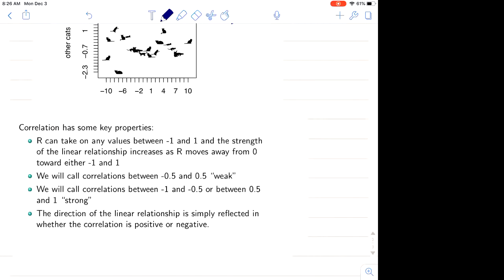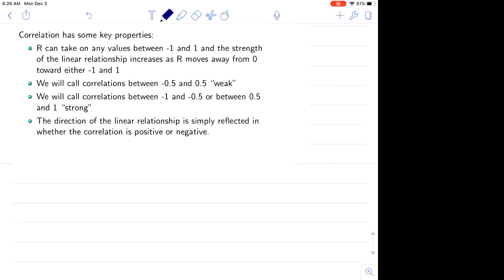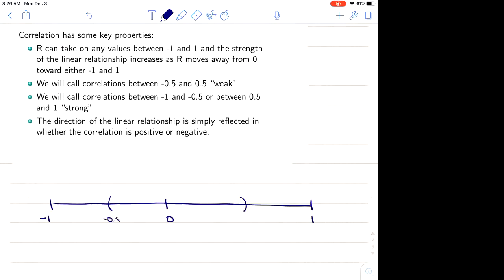So we'll call correlations between -0.5 and 0.5 weak. It's going to end up looking something like this. If you've got your correlation here, 0 in the middle, -1, +1, roughly between -0.5 and +0.5, I'll call this weak.